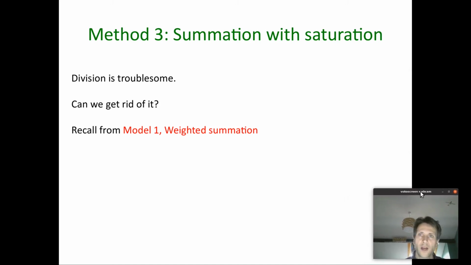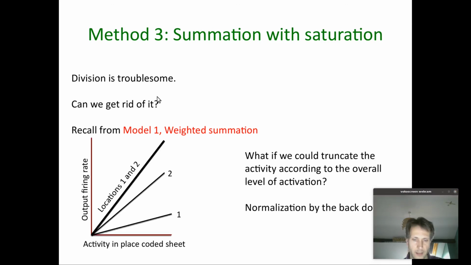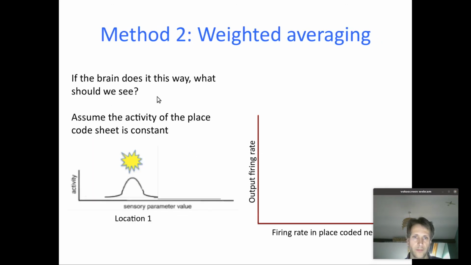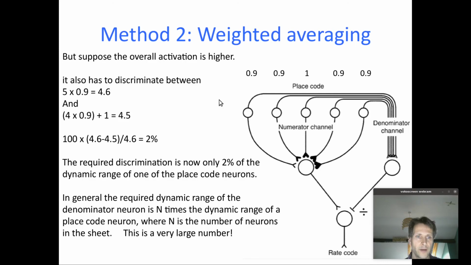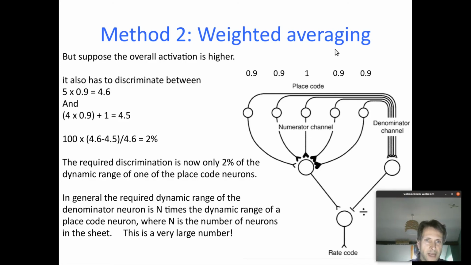Just before we go on, you might say, well, why not just go with the vector averaging approach? Is that not just going to work? The problem is really the division step. If we go back to this picture here, this is supposed to be doing division.